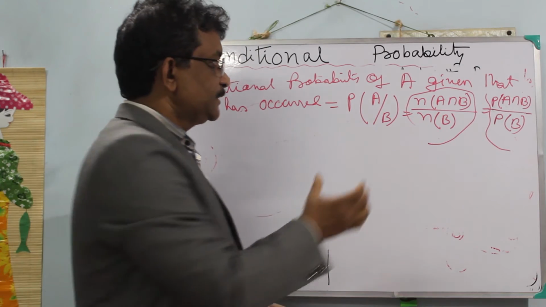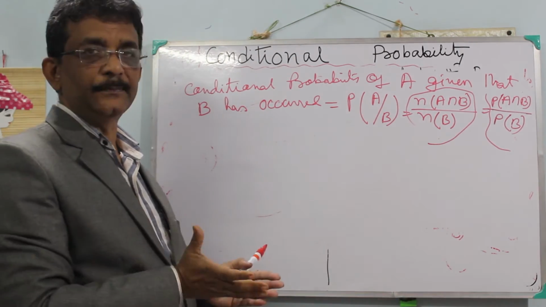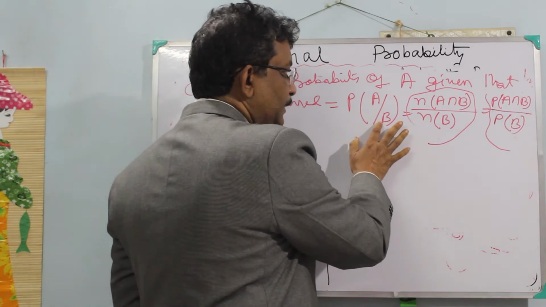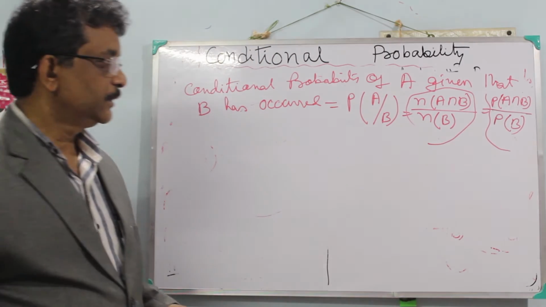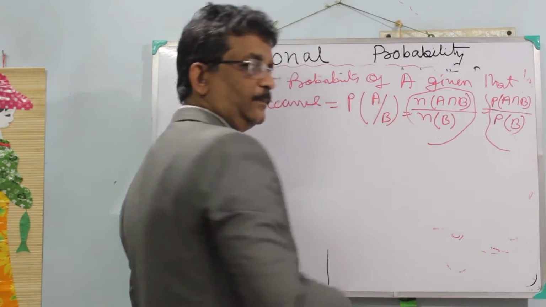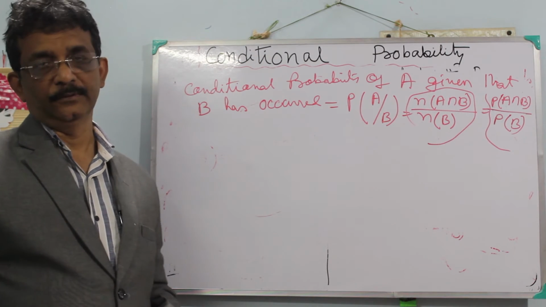Because the sample space is reduced, we are not taking the entire sample space, but the number of elements or probability of what has already occurred. If B occurred, then take the number of elements of B or probability of B. Clear? Then we will get conditional probability.